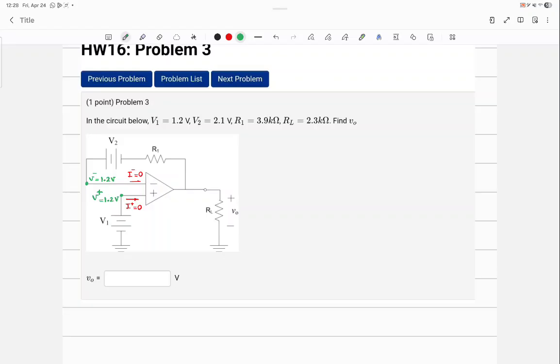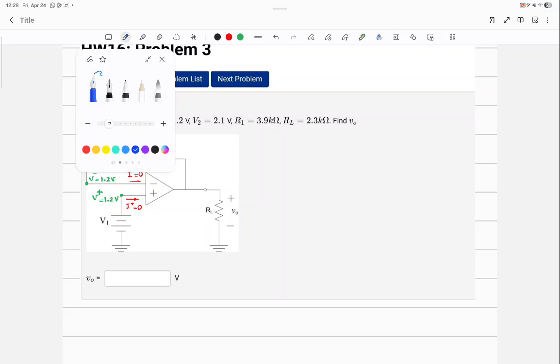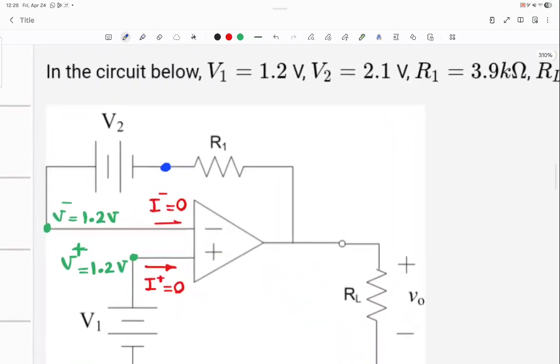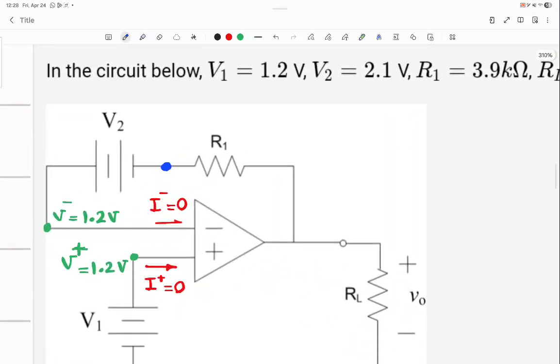I'm going to ask you this question. What is the voltage here? It should be... No. V negative minus V2.